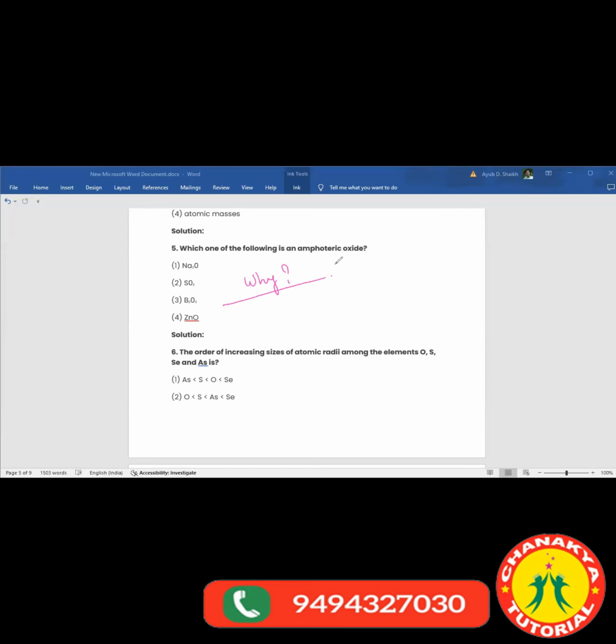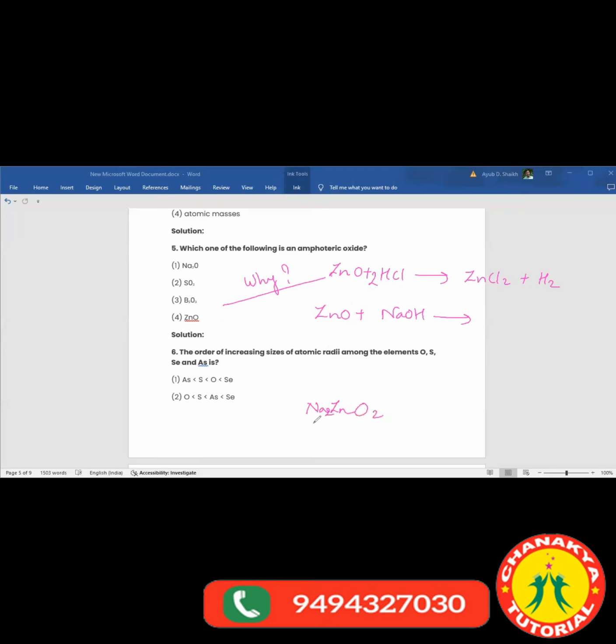When zinc oxide reacts with hydrochloric acid, it will form zinc chloride, ZnCl2, plus H2O, correct? We need to balance it, right? And when zinc oxide reacts with sodium hydroxide, it will give you sodium zincate. Zinc oxide reacts with both acid and base. How are you going to form the sodium zincate? What was the formula? Na2ZnO2.